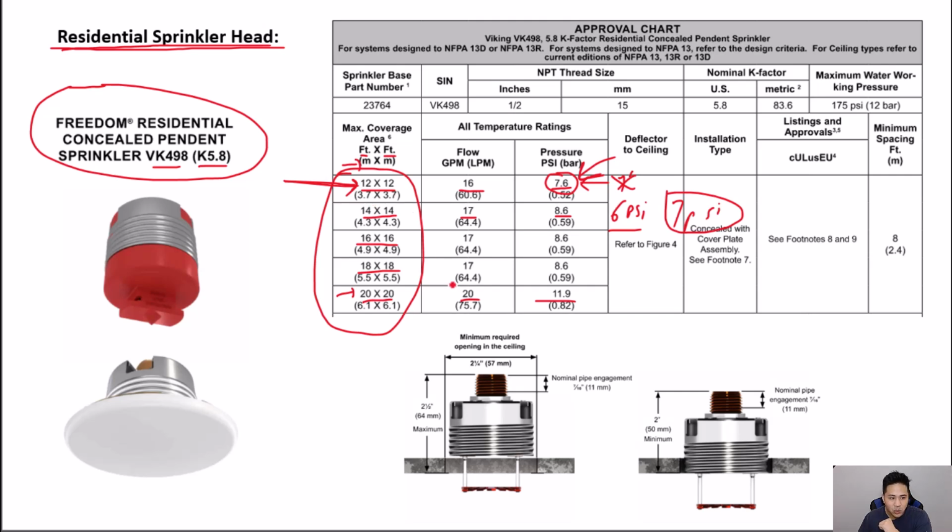In certain situations, you might want to get a bigger throw because the room that the sprinkler is in may be a 14 by 14. So in that case, we would have to use this 8.6 psi in our hydraulic calculations. So it all depends on what type of throw you need, but the default, what you begin with, is this minimum 12 by 12 foot throw.